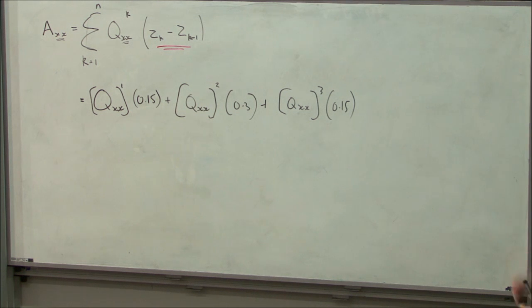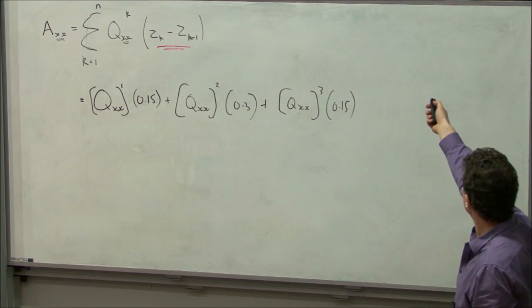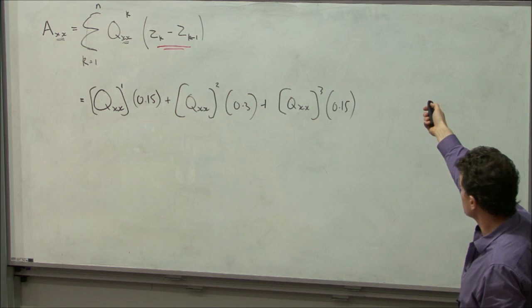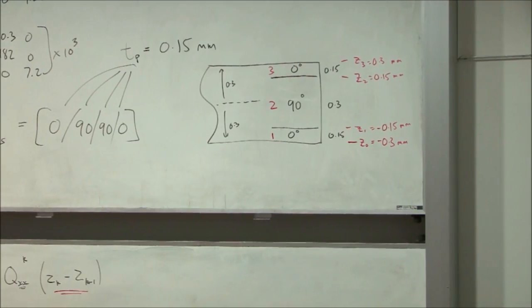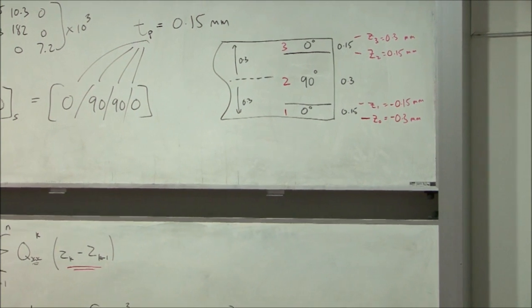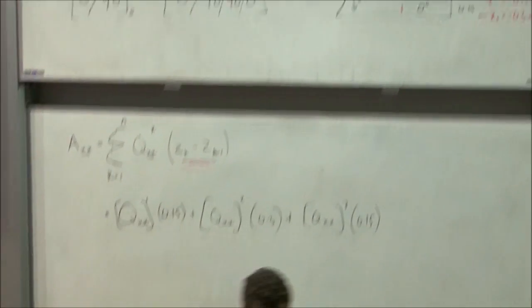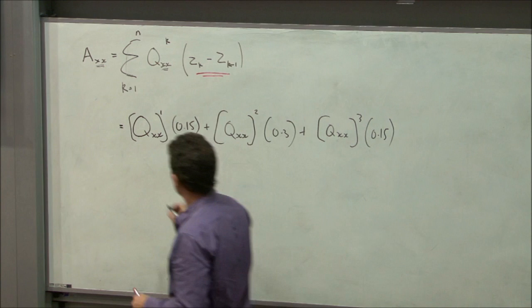Now, referencing this picture up here, what is QXX of our first ply? 182, remembering that there's a 10 to the 3 hanging around there.